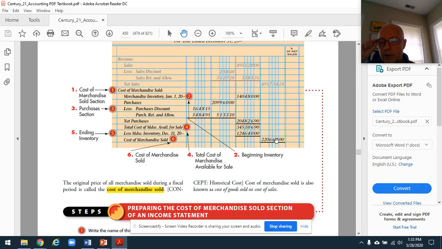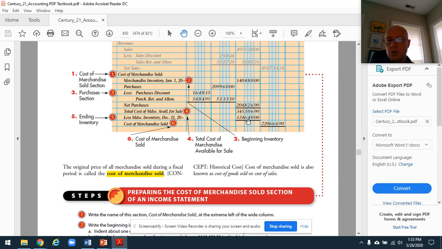This is a lot more efficient than trying to figure out what on earth every single item costs. It isn't going to work that way. So as an accounting process, we sum the value of everything we had plus everything we bought, minus everything still on the shelves, equals the cost of everything we sold. This is what we paid for. It's not that hard. You just got to walk through the steps. Use your example when you do this.